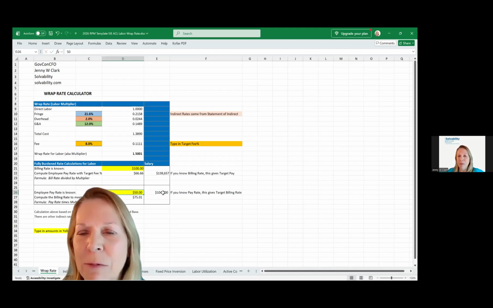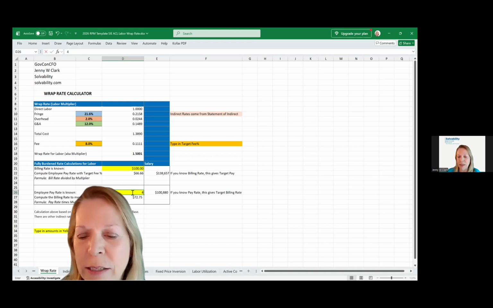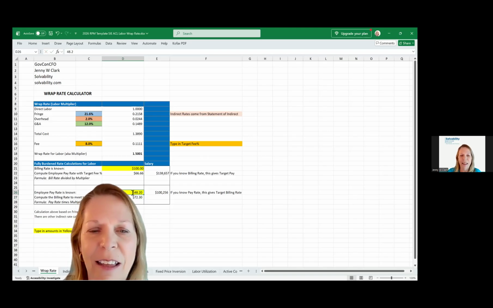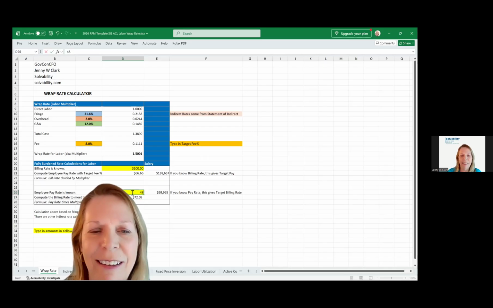I type in the employee pay rate. It's probably less than $50 an hour to get to 100,000. Sometimes I just play with this till I get the number I want. That's why I created this calculator, because I'm always playing with it to see what do I get to. I like precision.